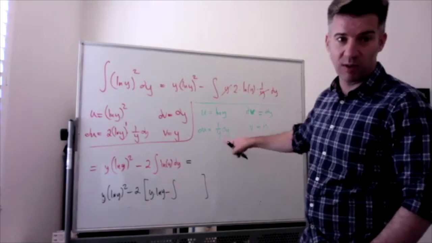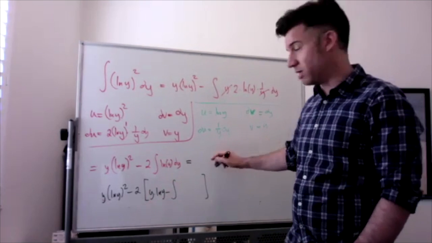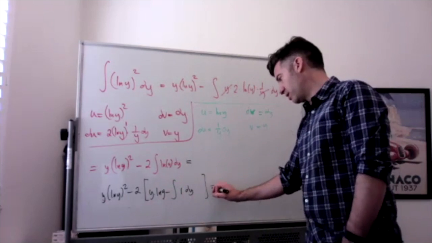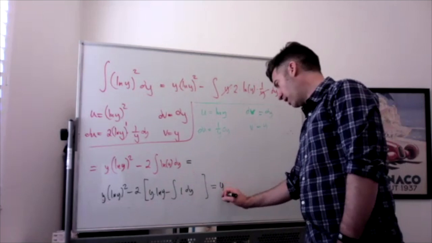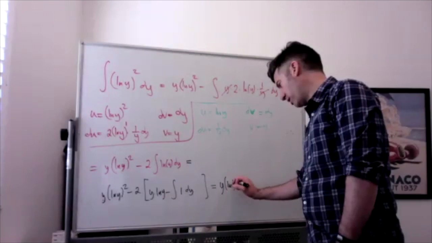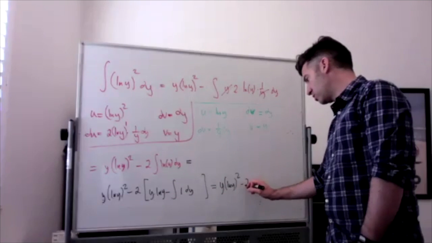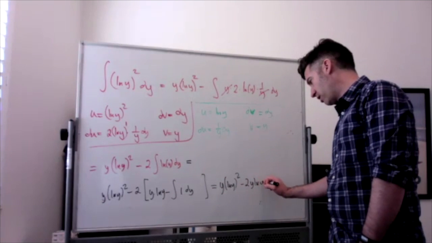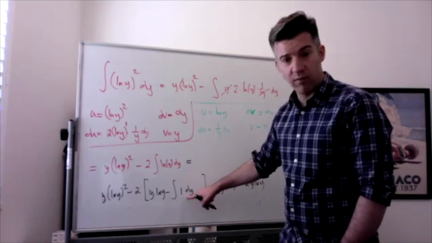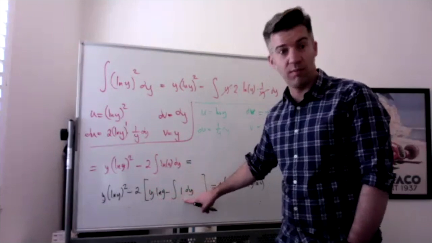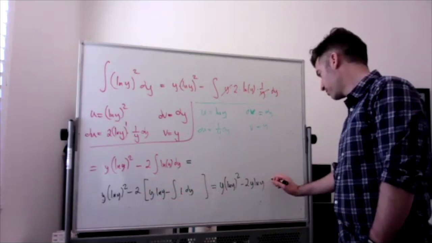Y times 1 over y dy is just going to be 1 dy. So then we end up getting y times natural log of y squared. Distributing the -2, I'm going to do the -2y natural log of y. The integral of 1 is y, so I get a -2 times a minus y, which is going to be a +2y.